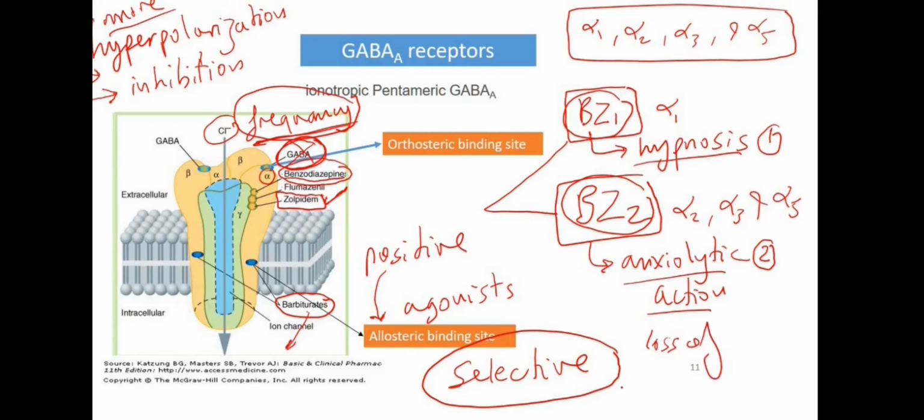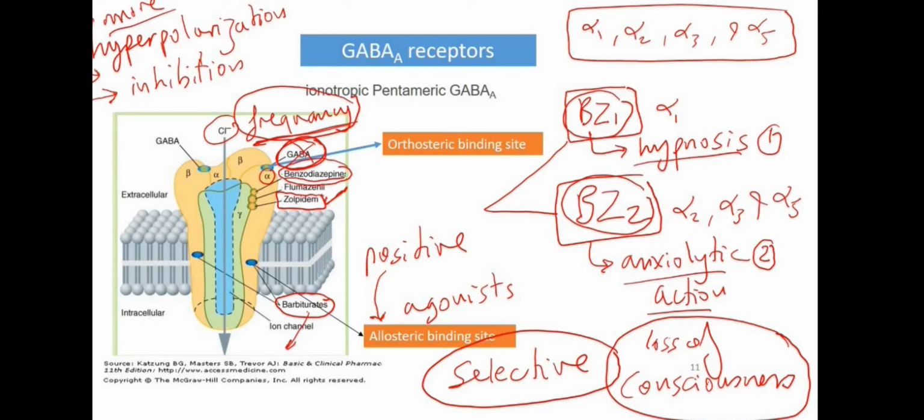Why? Because their effect is limited by the endogenous GABA. If GABA is producing action and is present, they will increase the frequency. If GABA is not present, they produce no effect. Is that clear? So this is how benzodiazepines produce their action, through the GABA system.